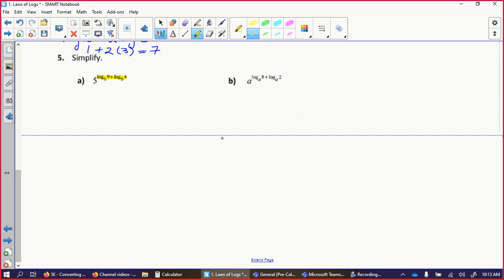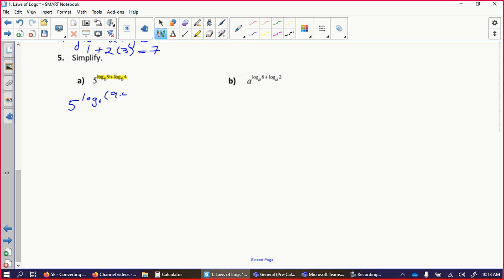Log base 6 of 9 plus log base 6 of 4. Well, it's a sum, so that's log base 6 of 9 times 4. Log base 6 of 36. 6 to what power equals 36? 2.